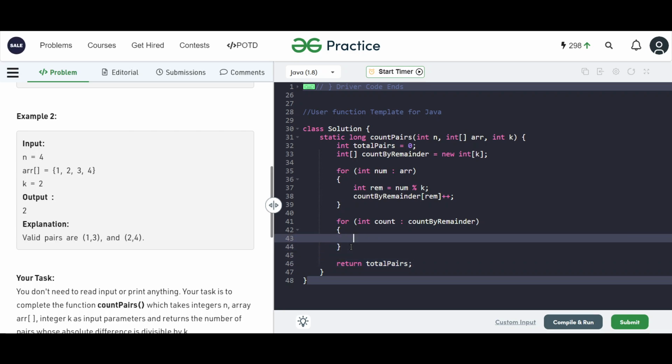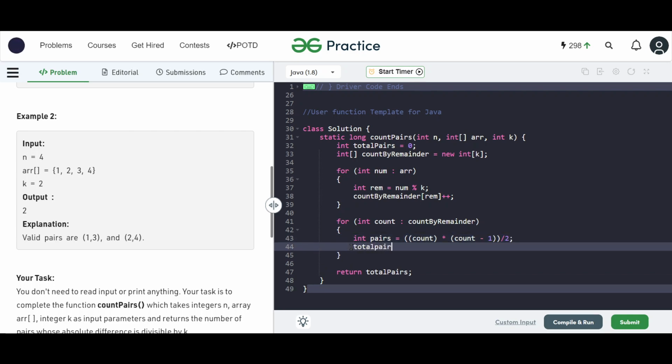So the pairs would be what? nC2. The count could also be 0, but okay, when you multiply something by 0, it should become 0. So count times count minus 1 by 2. These are the pairs that you get from this remainder, and you add these pairs to the total pairs. So total pairs plus equals pairs.